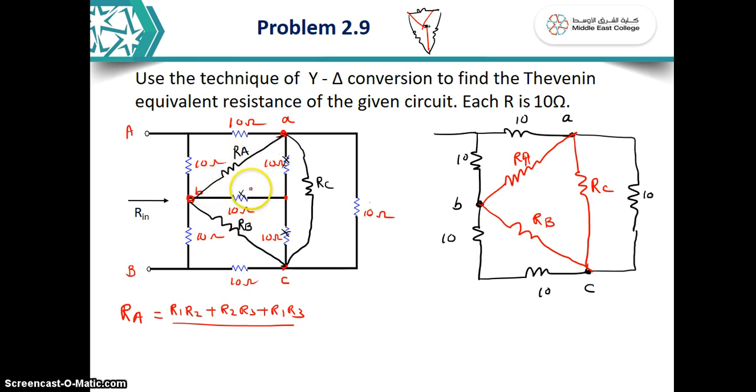It's between 10 and 10. So you should write this 10 ohm resistor. Okay. So R1, R2 I can just replace by 10 ohm. This will be common for all the cases.